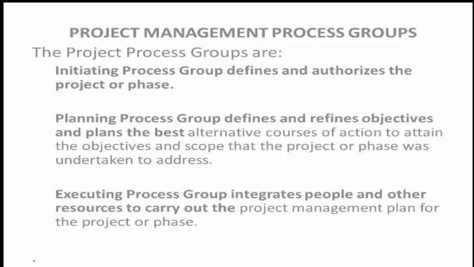Then you have the execution process group, where you execute the plans. You execute the project management plan, which comprises several sub plans like risk management plan, time management plan, cost management, quality management, communication management, procurement management.